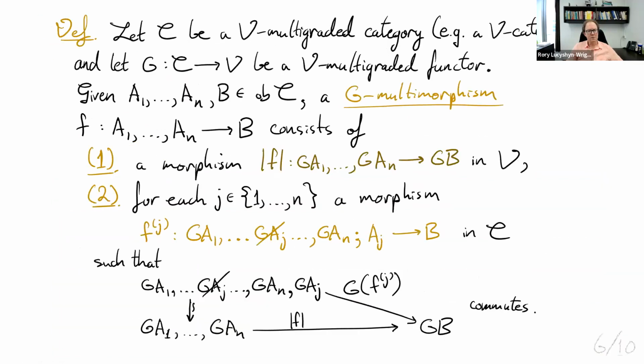Basically, when we go to defining the notion of G multimorphism, just as an example of where symmetry shows up, you can see at the bottom of the screen that on the left we have an isomorphism. That's actually in the symmetric monoidal envelope V tensor, but we have a permutation being used there where we take this G of A_j and move it into the jth spot. So here we're really using the symmetry. And so I think that this crucially uses the symmetry.